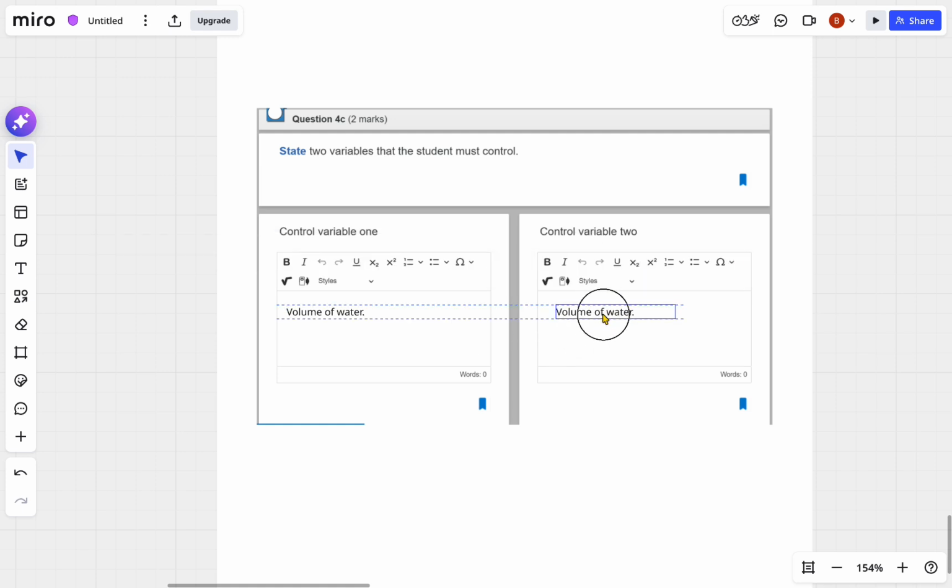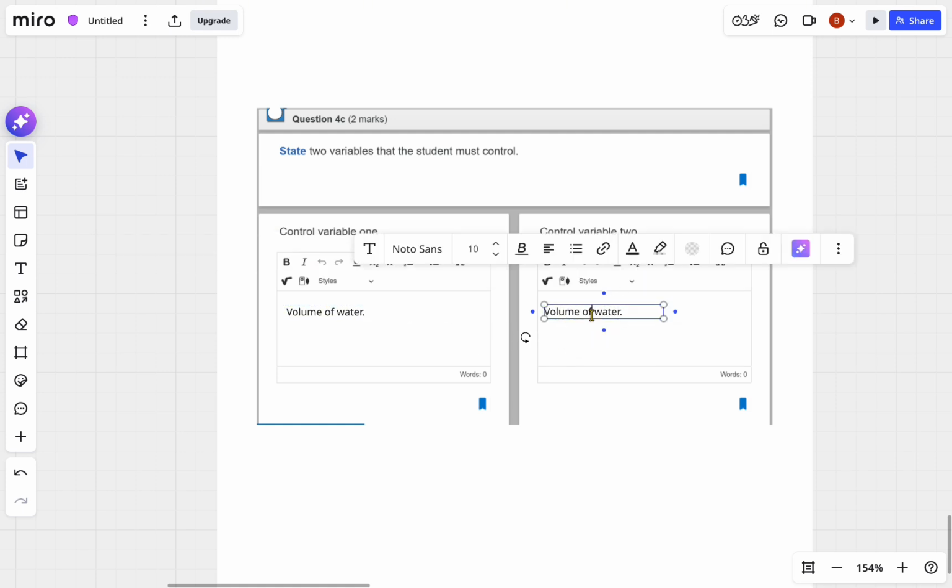Then we have control variable 2, which is going to be the pH of water, because the water has different pH. If it has a slightly acidic or alkaline pH, then obviously it's going to affect the results. So we can write the pH of water as well. pH of water 7, it has to be neutral.